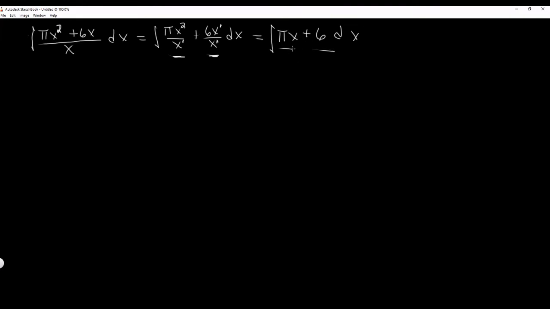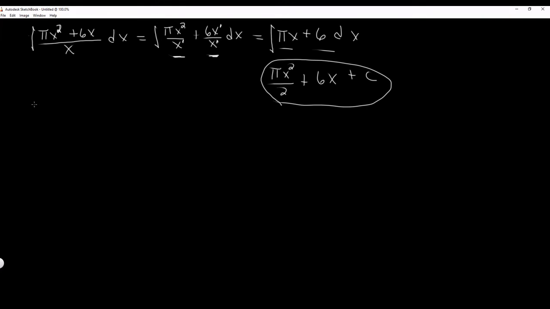So pi is a constant, so it's just going to be pi x squared divided by 2 plus 6 is a constant, so we just add a variable, plus c. And that is it for this one. That is the answer to the integral of pi x squared plus 6x divided by x.